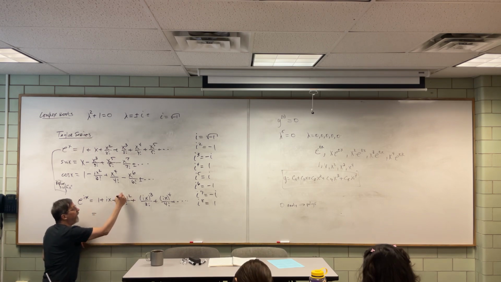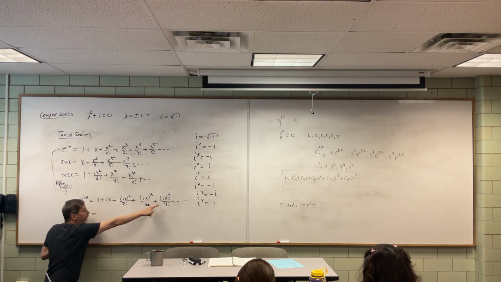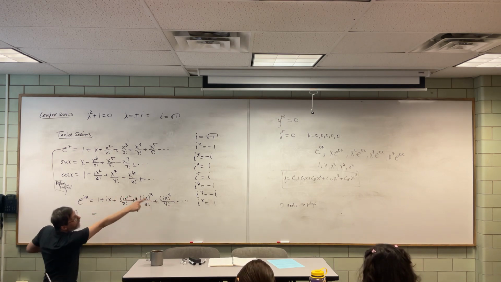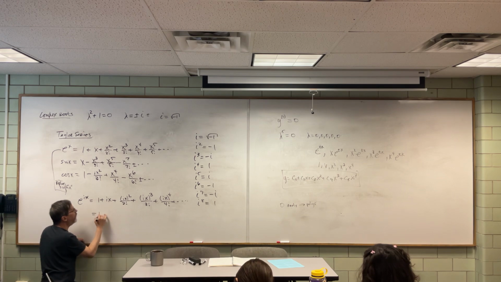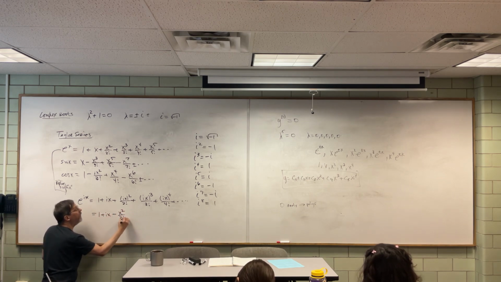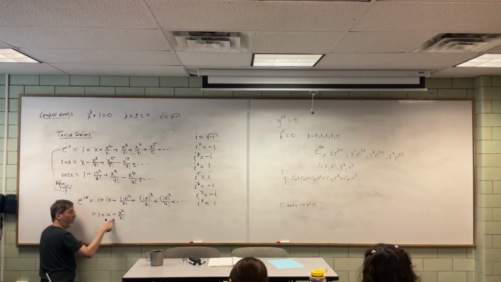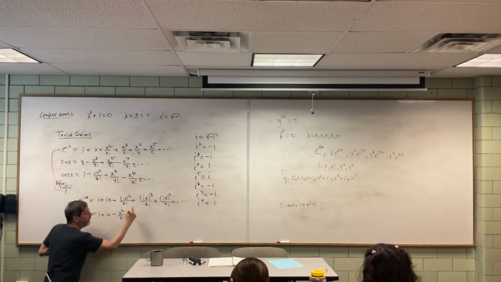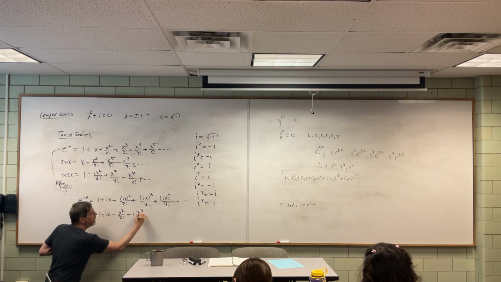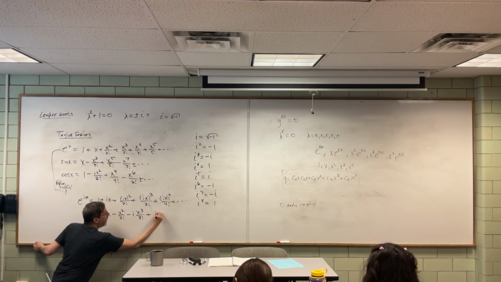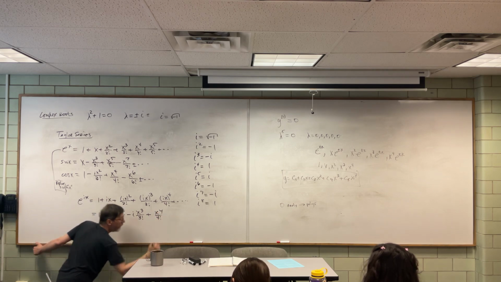i squared is -1. i cubed is -i. i to the 4th is 1 again, and I've got that whole rhythm over there. So this turns into 1 plus ix minus x squared over 2 factorial. Notice how that just becomes -1. This becomes -i. And then I'm back to just the 4th power, so it's just good old x to the 4th over 4 factorial.